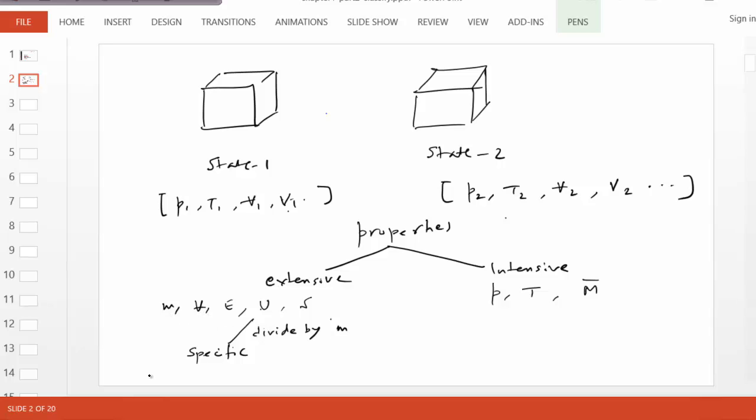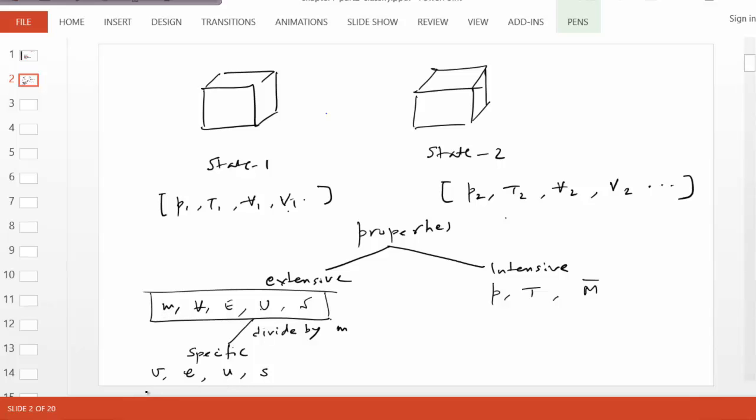Volume divided by mass becomes specific volume, specific stored energy, specific internal energy, specific entropy, which is small s. And notice that our symbols for extensive properties are capital letters, and when we divide by m, they become lowercase letters. Mass, of course, is an exception because in mechanics we always use small m for mass.